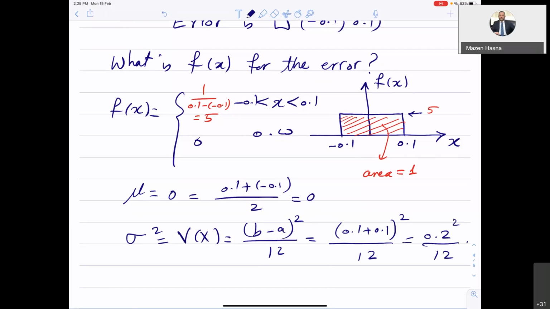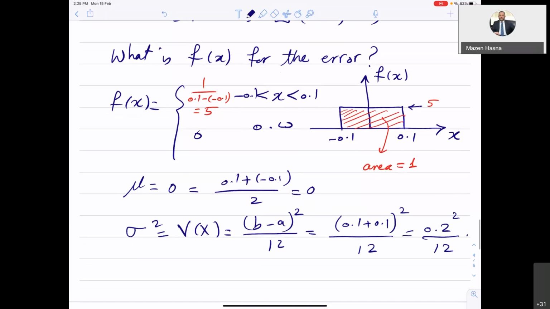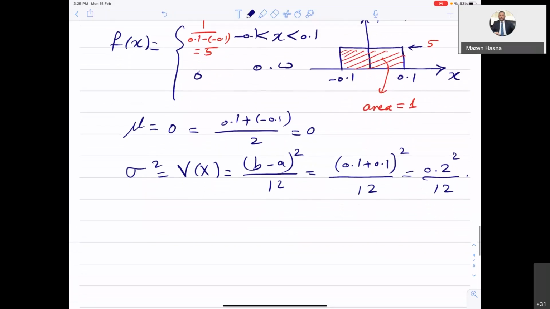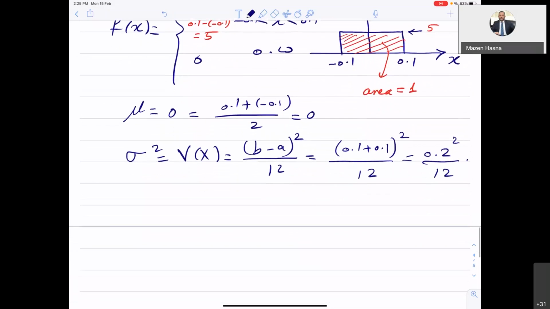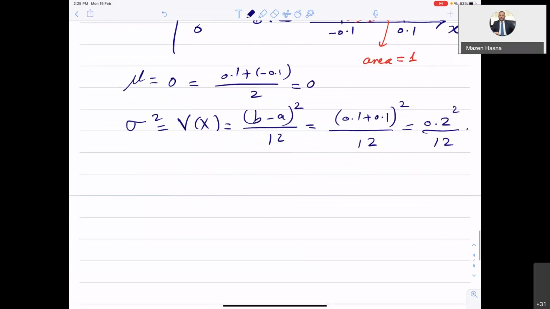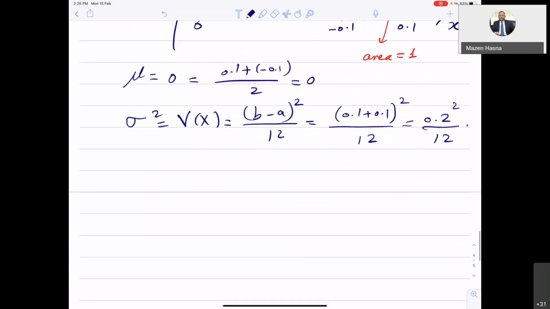And that's it for the uniform distribution. The last point that we need to mention is the CDF. What is capital F of x for a uniform distribution?